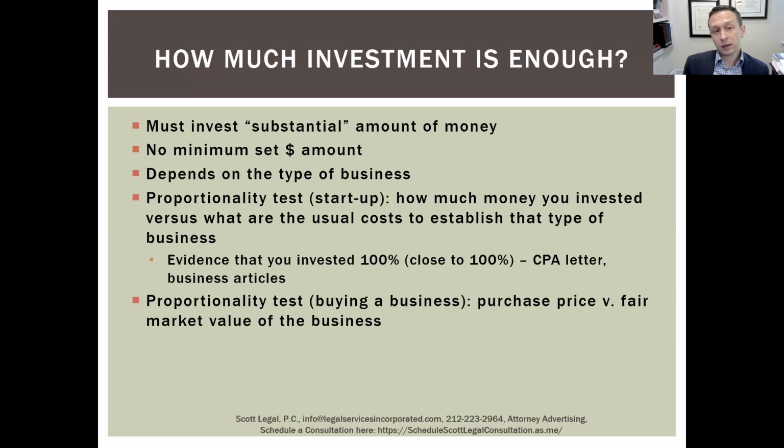Possibly even less than $20,000, because really all you need for some of these businesses is a computer, a small office space, and a website, and you can get going. So again, the government doesn't really care. You do need to show them that you have invested what they consider a substantial amount.